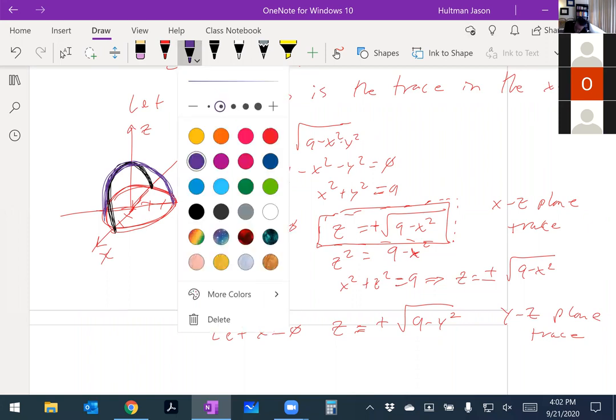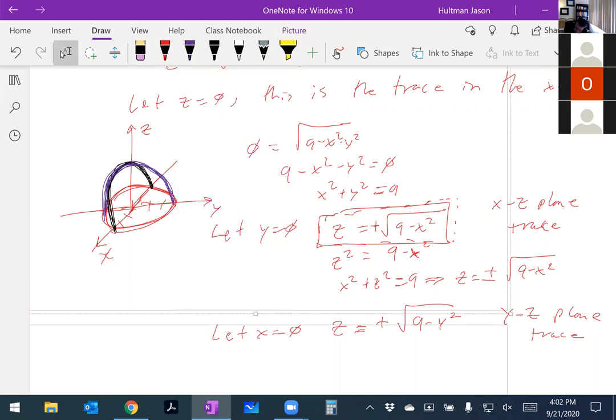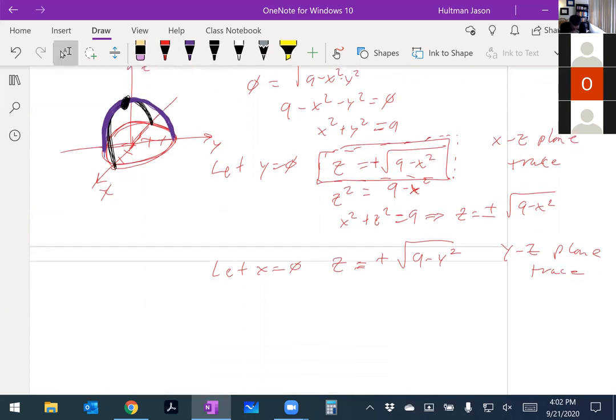I don't know if you can see that real clearly. And so we've got this meeting point at the top here, and that's another half circle. So we're getting this kind of dome shape, this half dome.